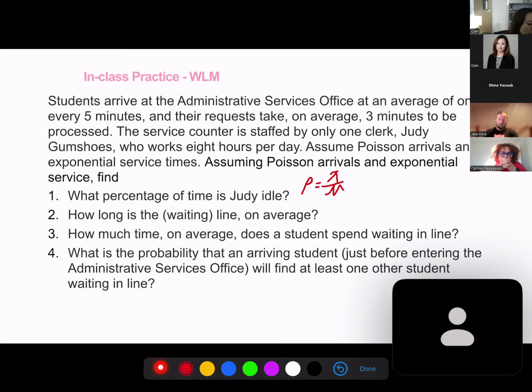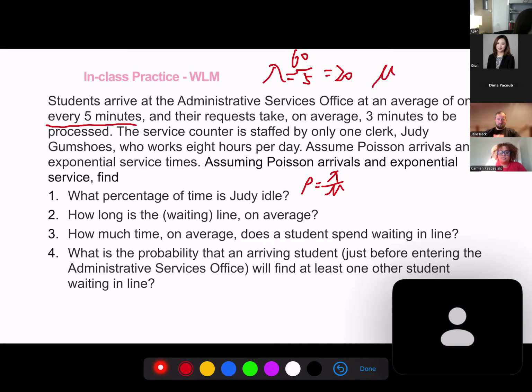The lambda is the arrival rate, and we know that every 5 minutes a student comes. So for an hour, that's 60 minutes, and every 5 minutes a student comes, so lambda equals 12.